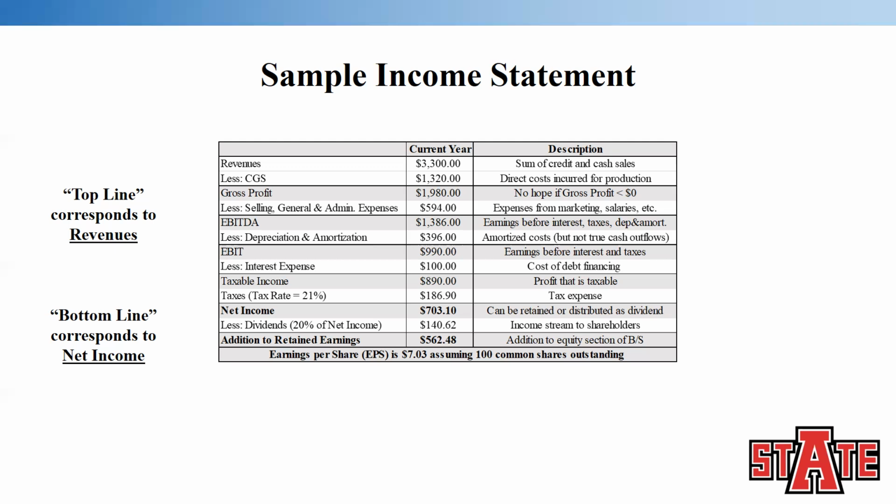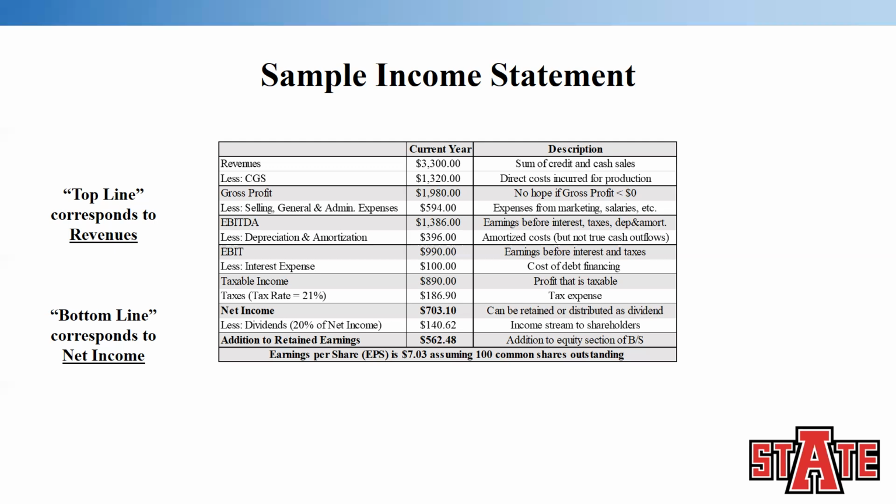A final metric that I'd like to draw your attention to on this basic income statement is earnings per share. And that's $7.03, assuming 100 common shares outstanding. So net income divided by 100. That indicates that for each shareholder, the company generated $7.03 in earnings. The higher, the better.